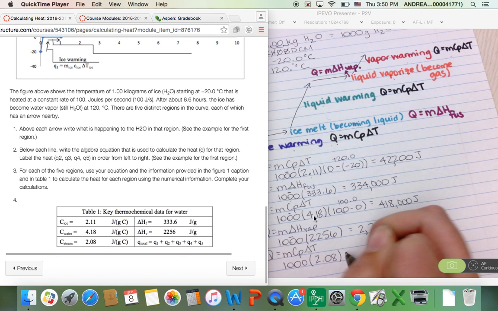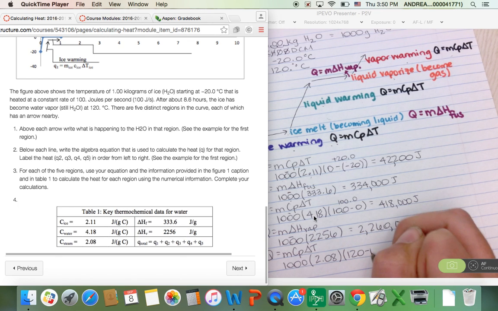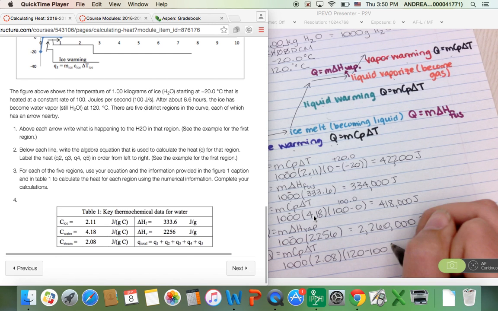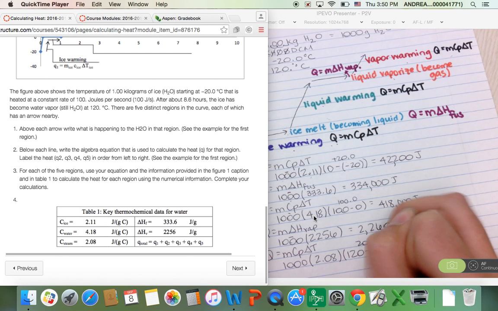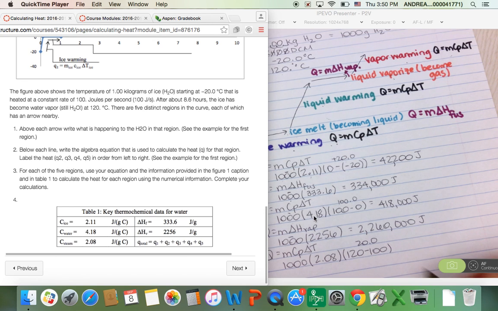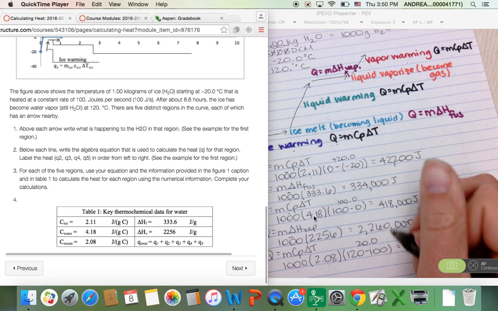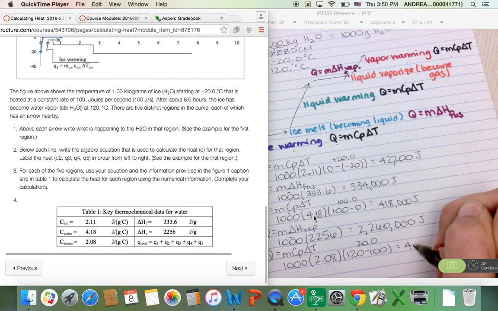And the change in temperature is 120 minus the 100 that we ended at when we vaporized the liquid, so that gives us 20 degrees. When I multiply 1,000 times 2.08 times 20.0, again I get 3 sig figs, and I get 41,600 joules.